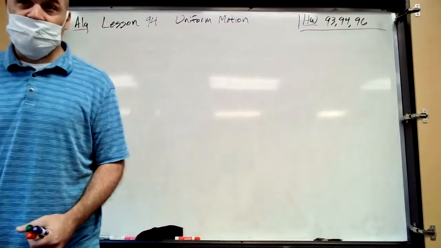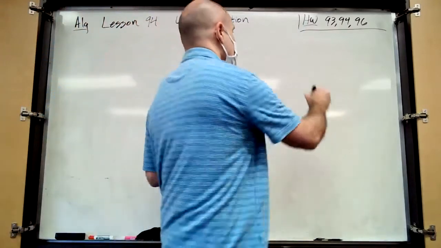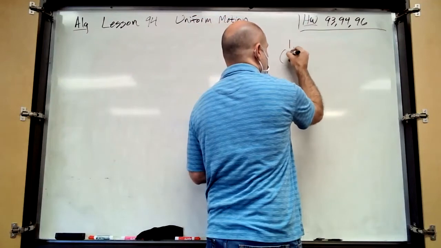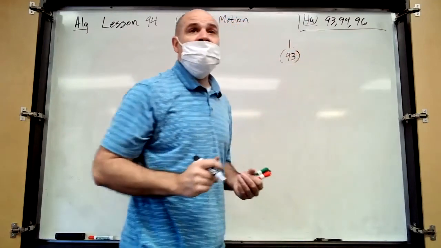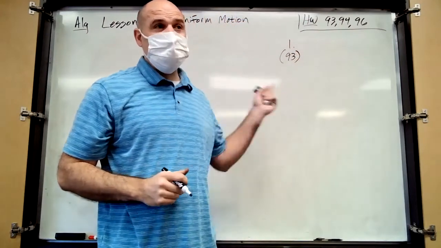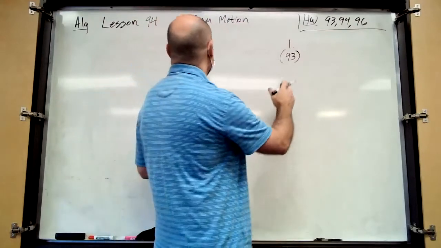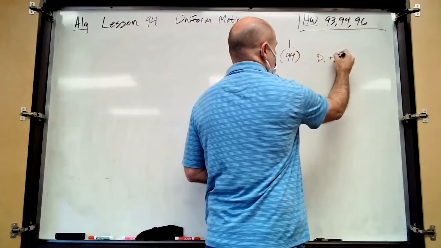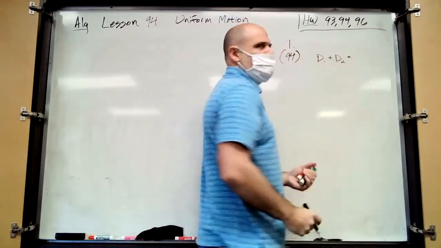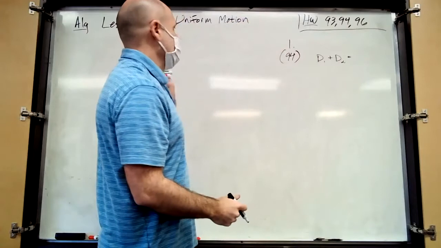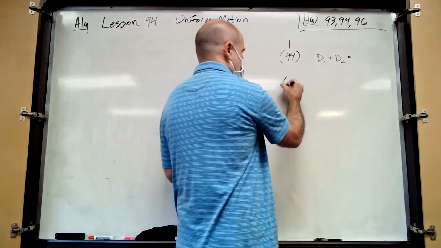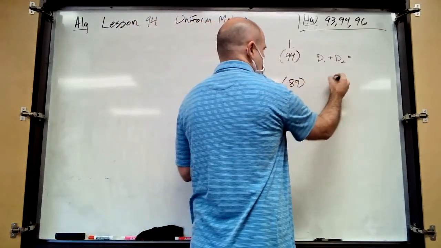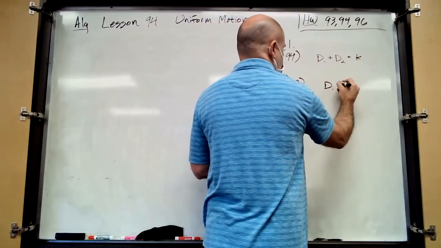In your homework, when it has the number underneath the problem, if you see 94, then it's going to be one of these problems. And what was the other uniform motion, like 89 or 90? When you see 89 or 90, then it's going to be one of these problems.